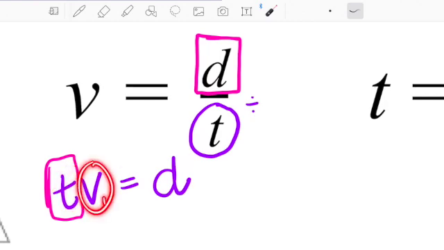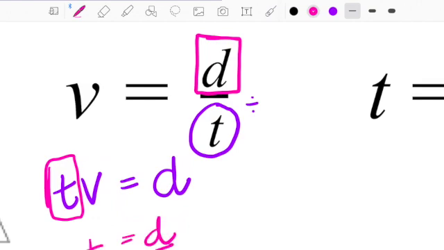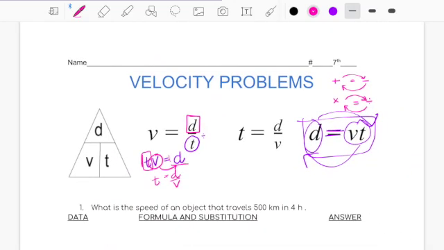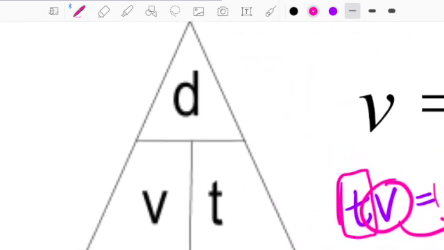So because it's multiplying, you'll pass it dividing. So you will have time equals distance divided by velocity. Super, super important. If velocity is being sent to the other side, it goes directly under distance, okay? Not on top, under.